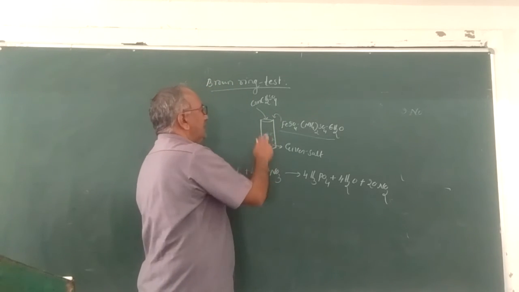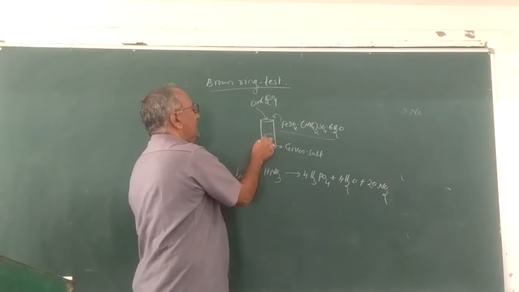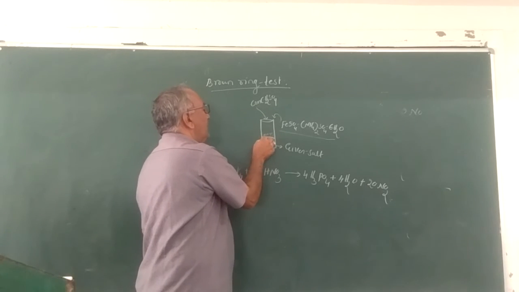When you add the concentrated sulfuric acid along the side of the test tube, you will get the brown ring.